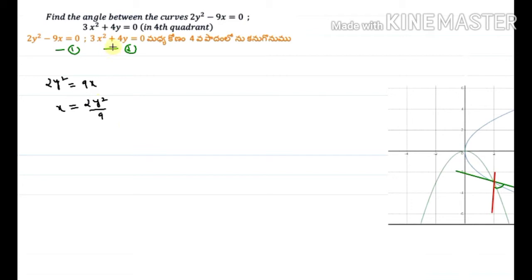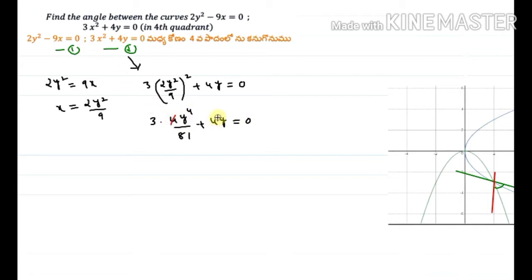I get 3 into x square, x meaning 2y square by 9 whole square, plus 4y is equal to 0. On simplification, I will get 3 into 4y power 4 divided by 81 plus 4y is equal to 0.